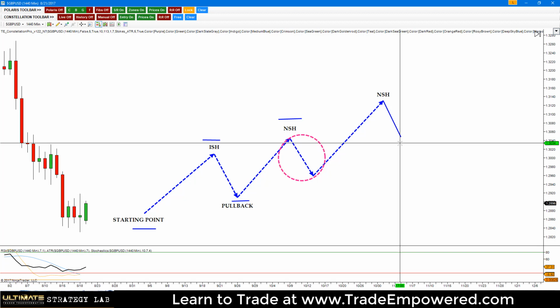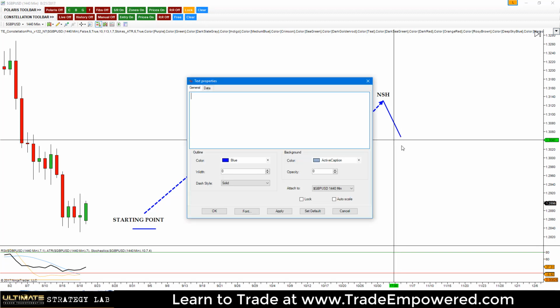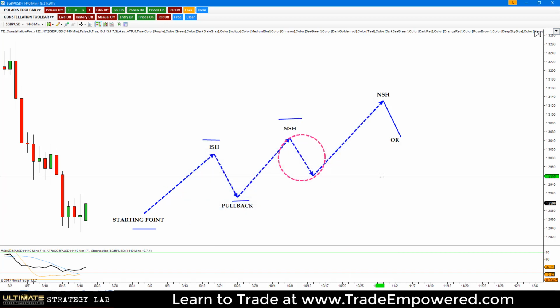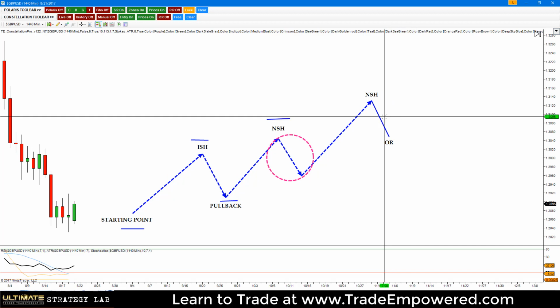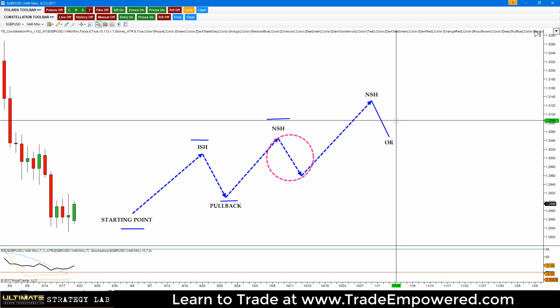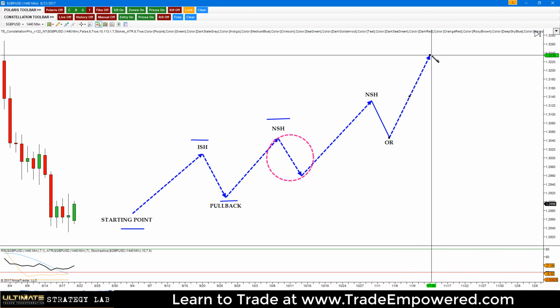This is an outside return. Again, pullback, retracement, whatever you want to call it. So this is good, right? And what do we expect price action to do? We expect price action to continue higher, and as long as we're doing that, it's all good.